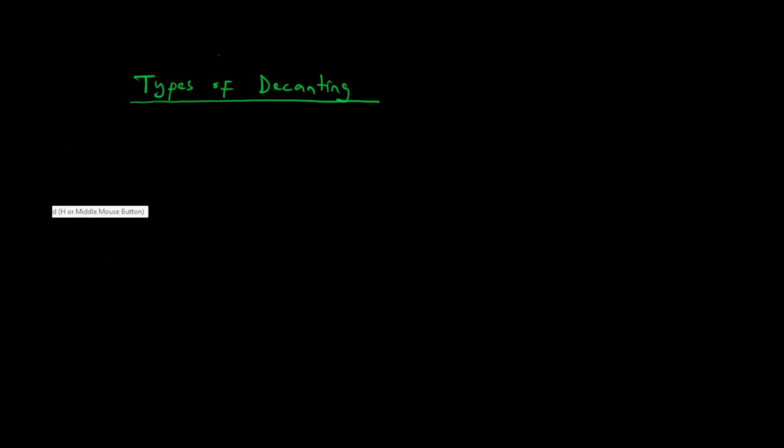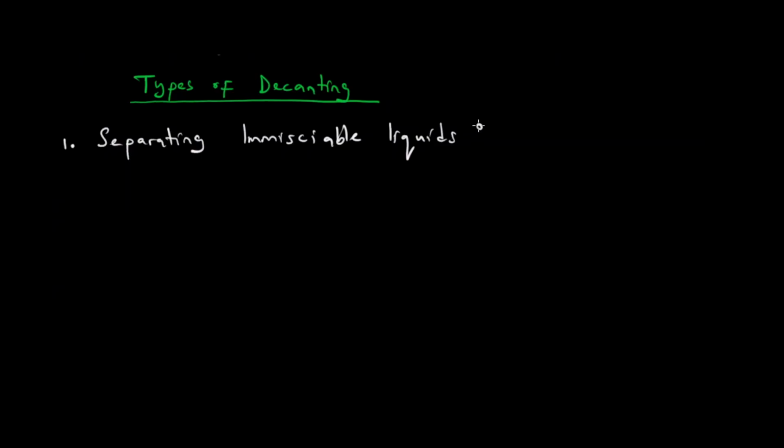When we talk about the types of decanting, firstly, we look at separating immiscible liquids. This is the first type.